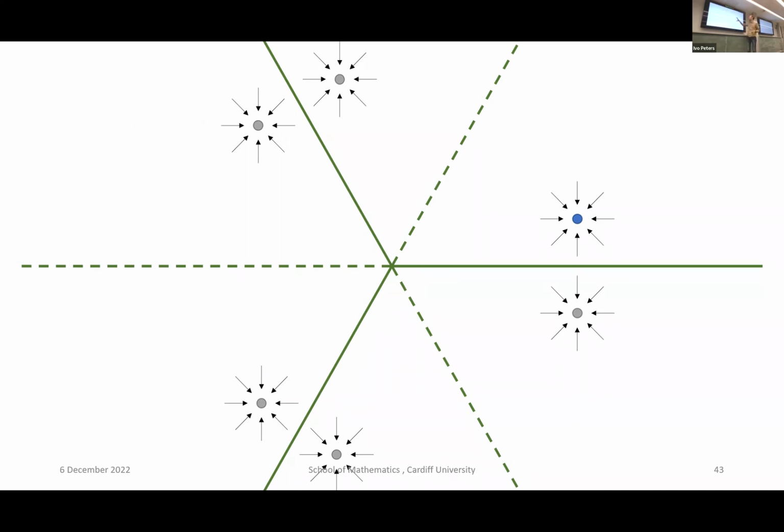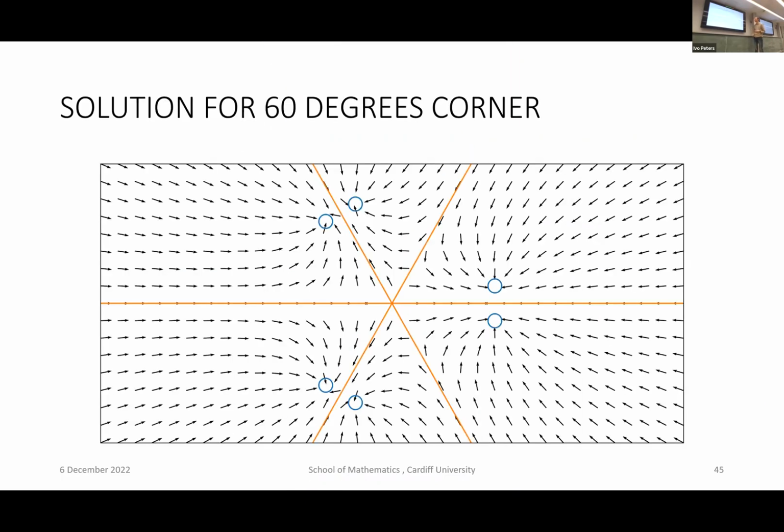So this is not the solution that we are trying to get for our 120-degree corner, but effectively the solution for a 60-degree corner. So apparently we cannot do this for a 120-degree corner, because we just end up with a solution for a 60-degree corner.